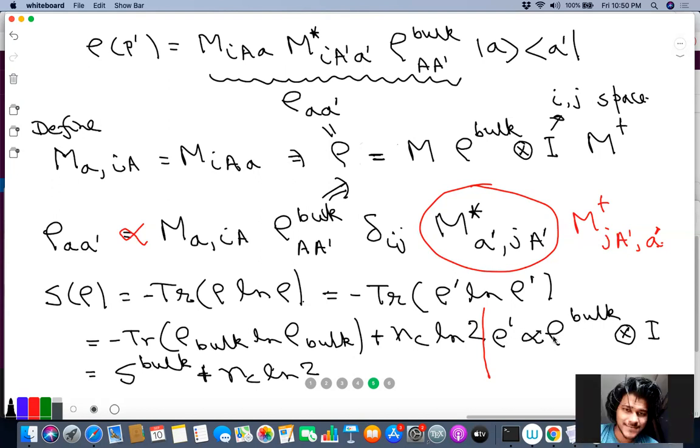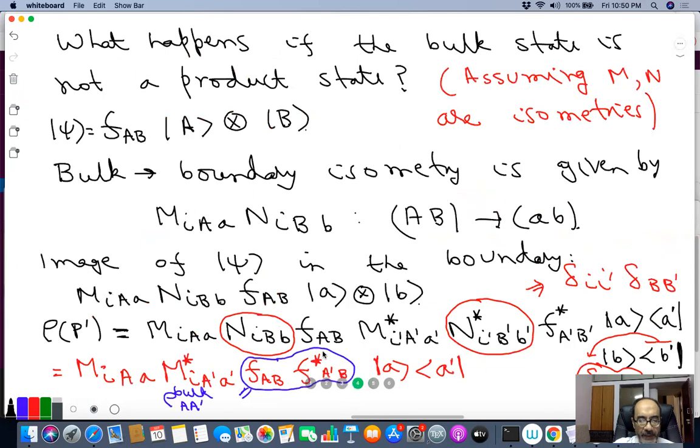The proportionality constant is fixed by requiring the trace of rho prime is 1. Now, the trace of rho prime is the product of the trace of rho bulk and the trace of identity. Rho bulk, you can just normalize so that its trace is 1. That is easy if this state was normalized. If psi was a normalized state, then the rho bulk that I have defined automatically has unit trace, because you just set A equal to A prime and sum over A and B. That's the norm of this state, which is 1.